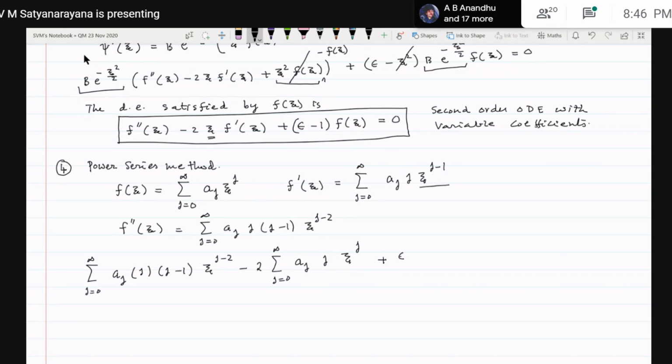Plus epsilon minus 1 into the sum over j equal to 0 to infinity of aj xi to the j. That's equal to 0.